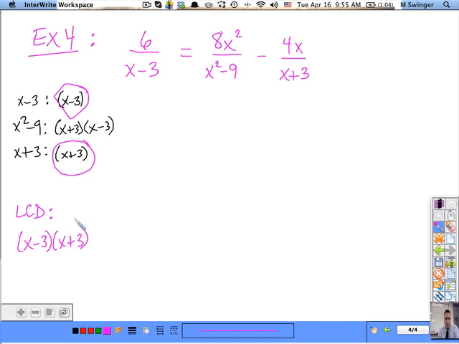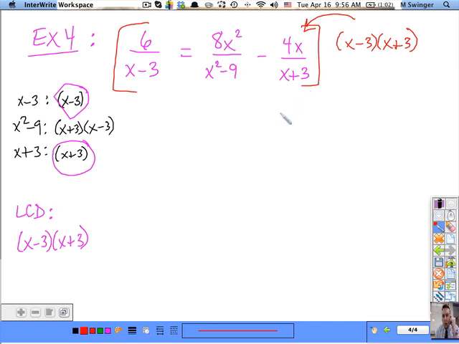All you're going to do is multiply that LCD to this whole equation. So x minus 3, x plus 3. If you multiply it to the first rational expression, the x plus 3 on the bottom cancels with this x plus 3. So pretend that's gone.